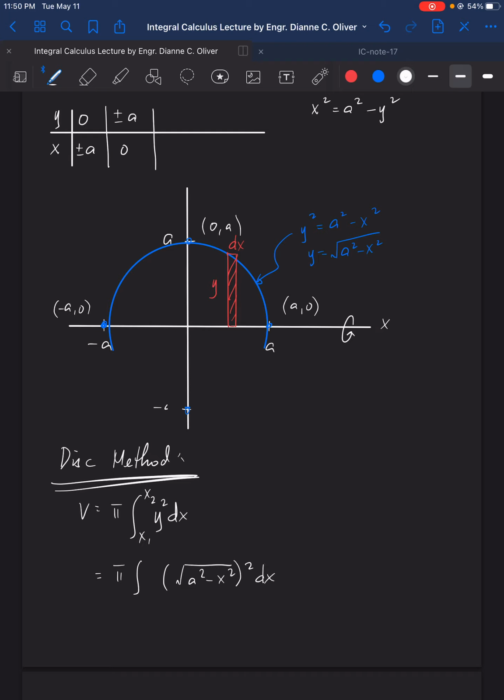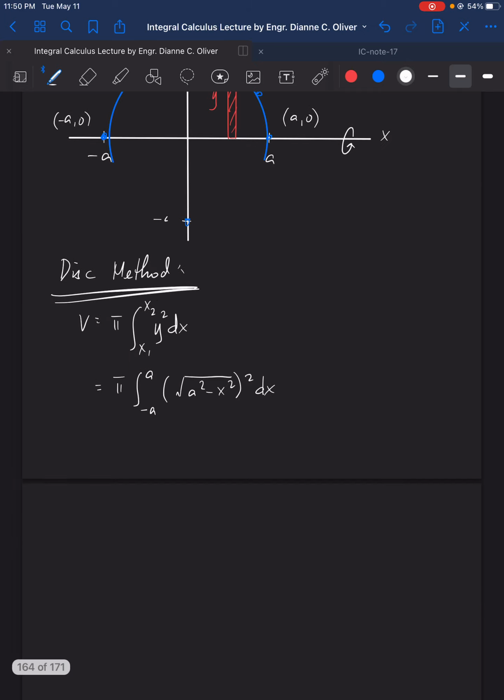For the limits, we will consider the farthest: negative a to a. So that is equal to pi integral from negative a to a of a squared minus x squared dx.